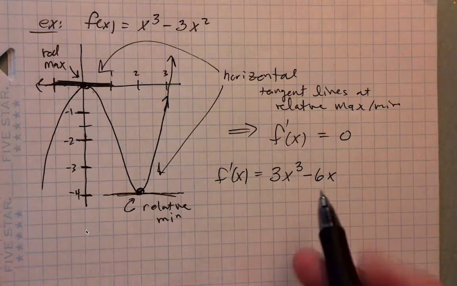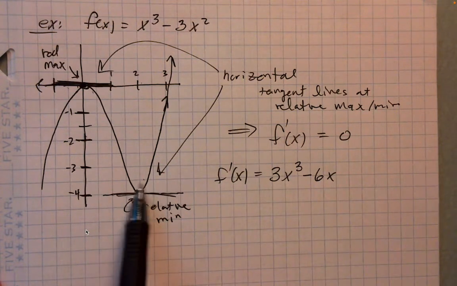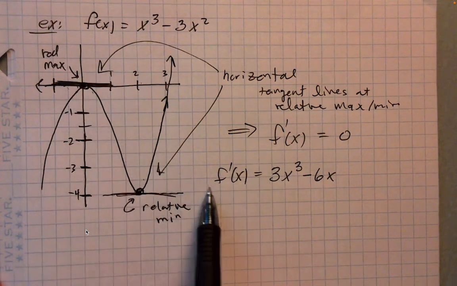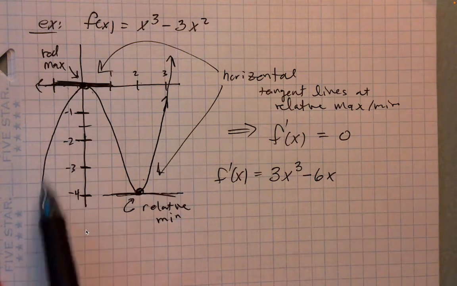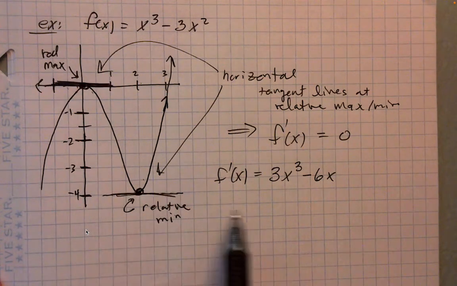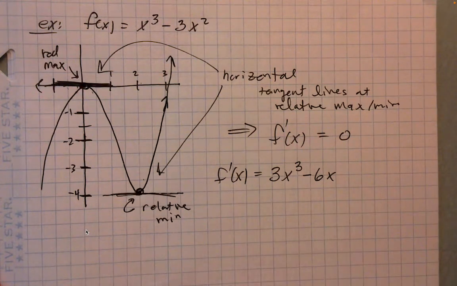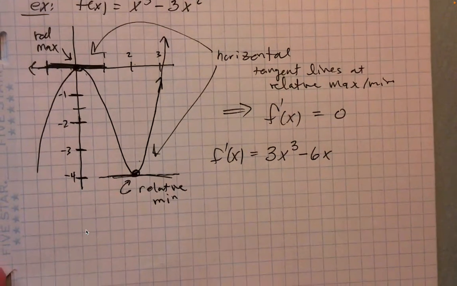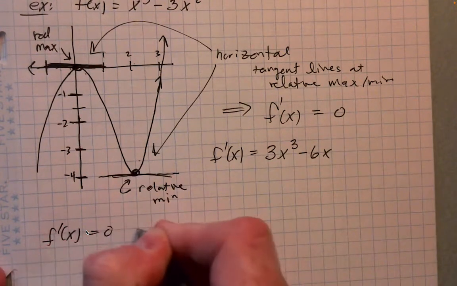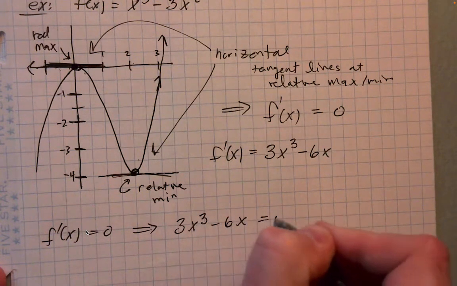Now, if I want to know what x value is at this minimum and what x value is at this maximum, I can try to find where the slope of the tangent line is 0. The way to do that is to set the derivative equal to 0 and solve for the x values, right? So f prime of x equals 0 implies that you have 3x squared minus 6x equals 0.